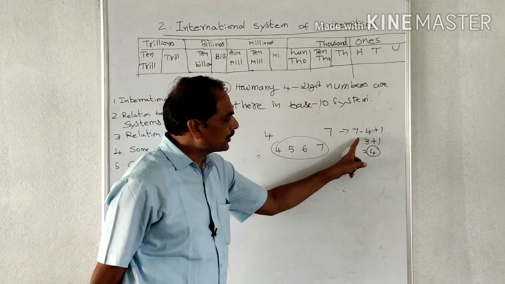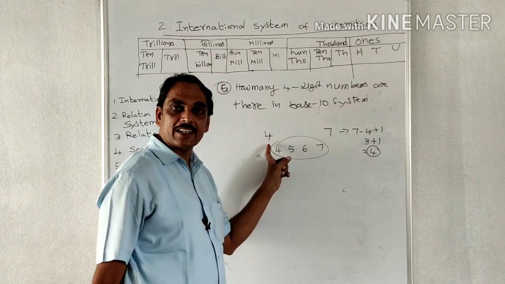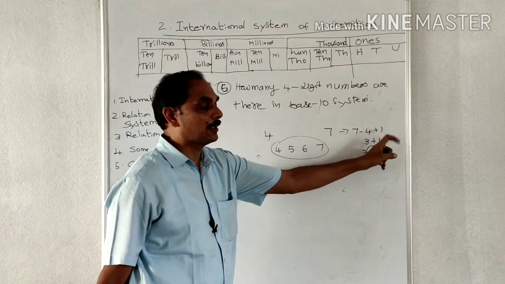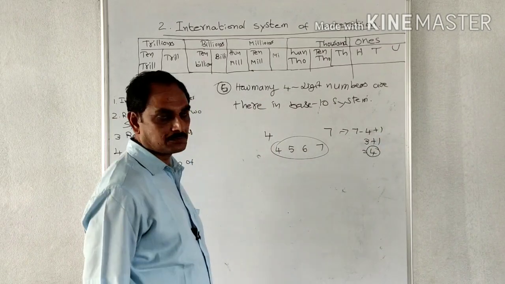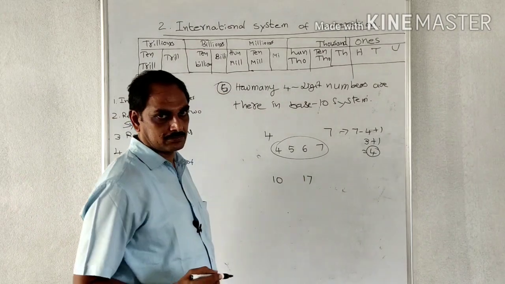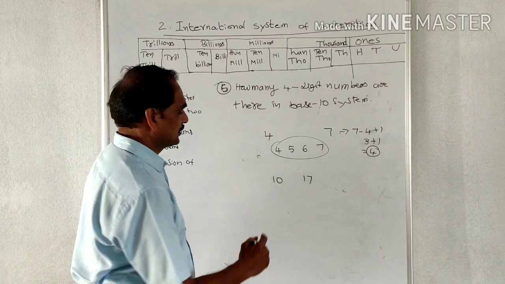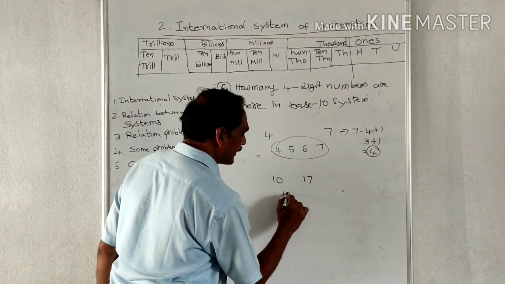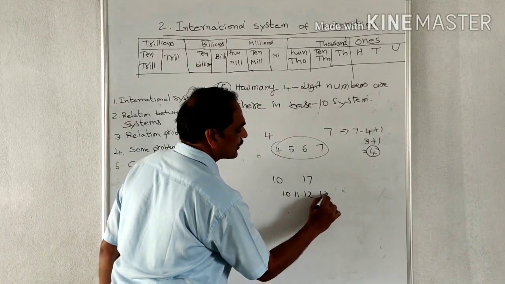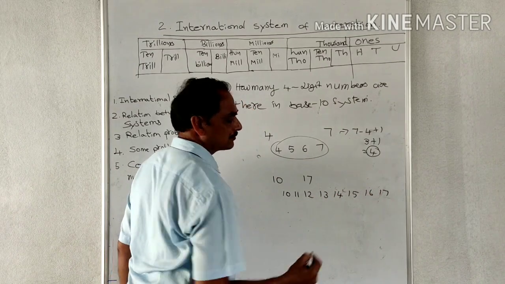We find this by using the greatest number minus the smallest number, and we add 1 to this number, and we get 4. Similarly, the number of numbers from 10 to 17 is 10, 11, 12, 13, 14, 15, 16, 17.